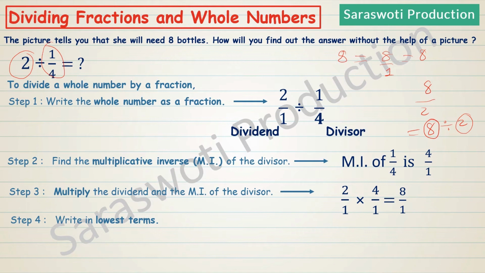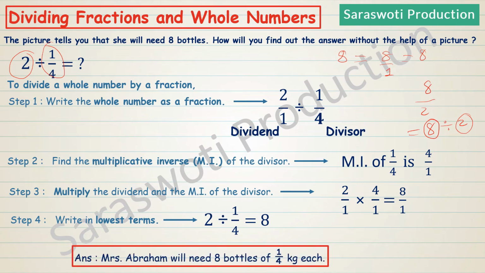And finally, write the answer in the lowest terms. Therefore, the answer is 2 divided by 1/4 is equal to 8. Answer: Mrs. Ibrahim will need 8 bottles of 1/4 kg each. So here we have learned how to divide a whole number by a fraction following these 4 simple steps.